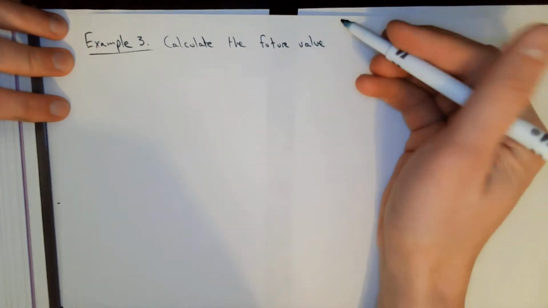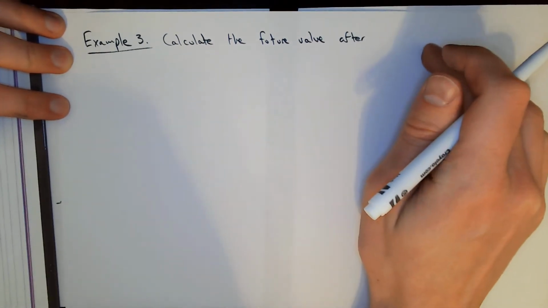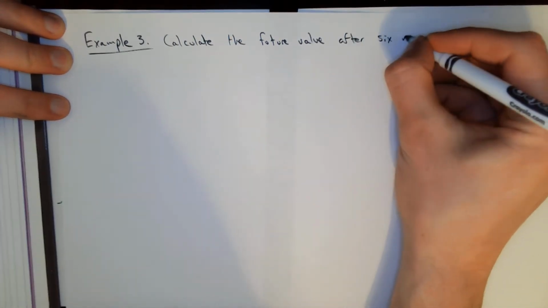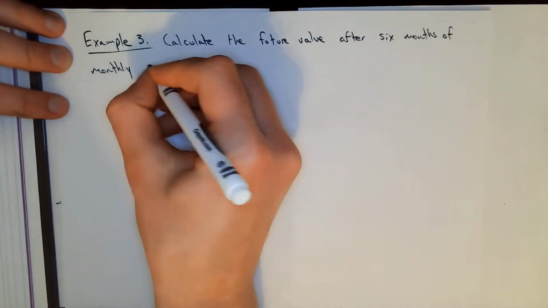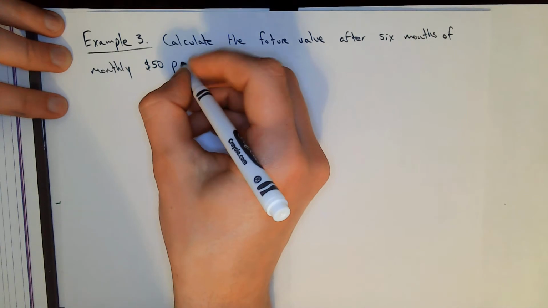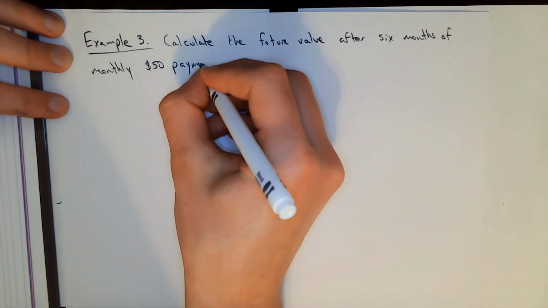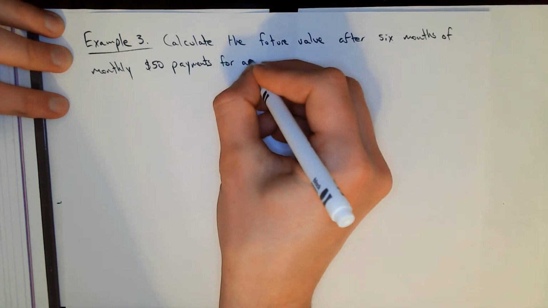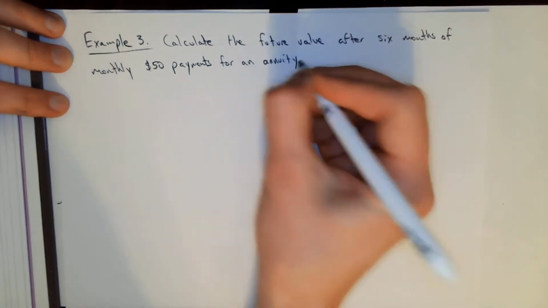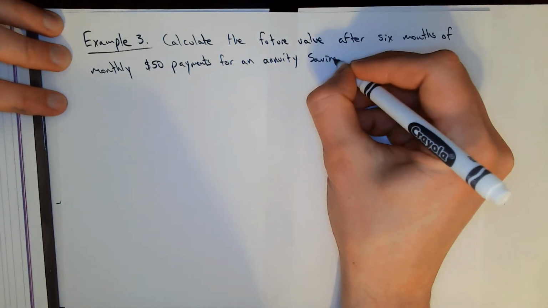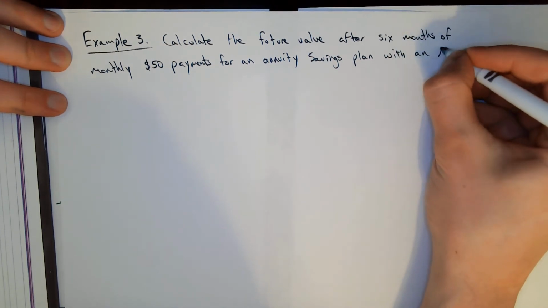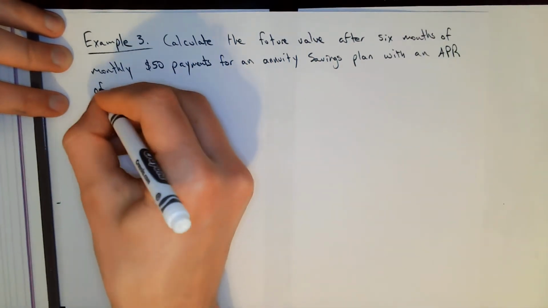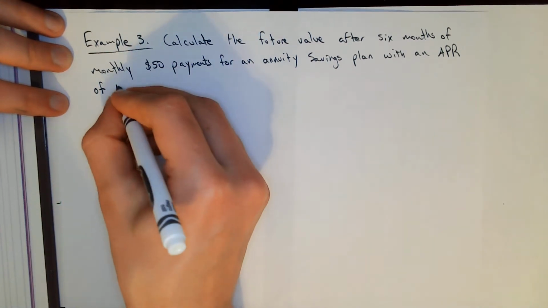Calculate the future value after 6 months of monthly $50 payments. With an APR of 12%.